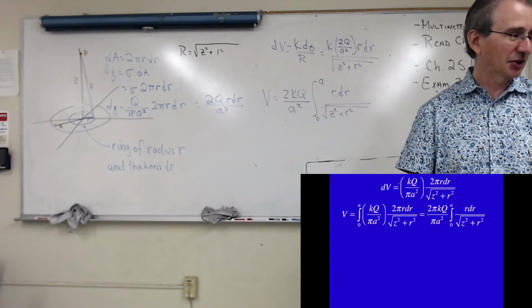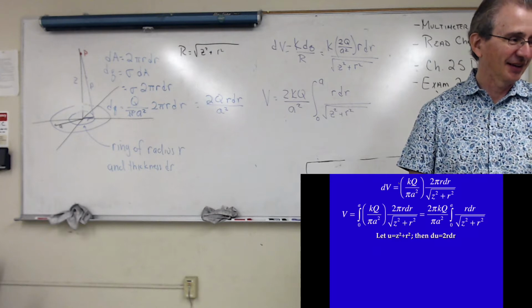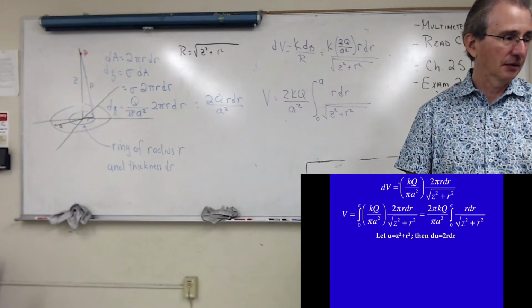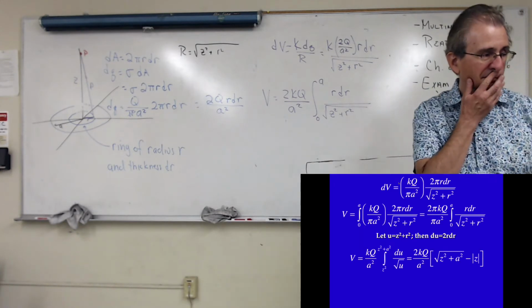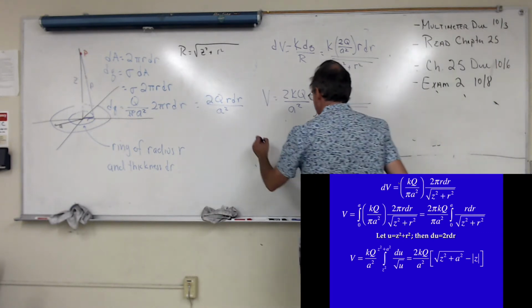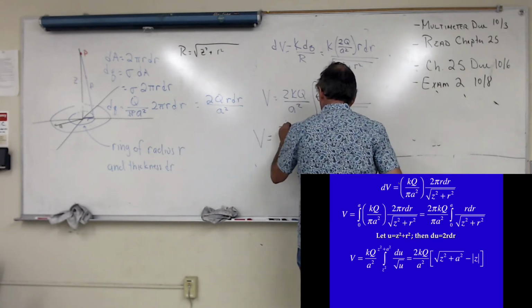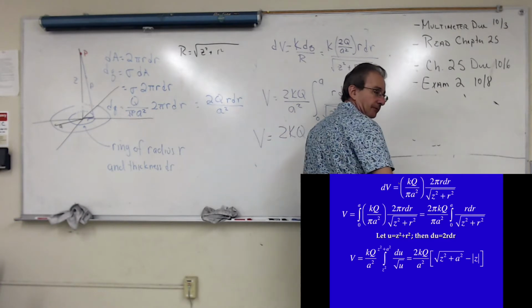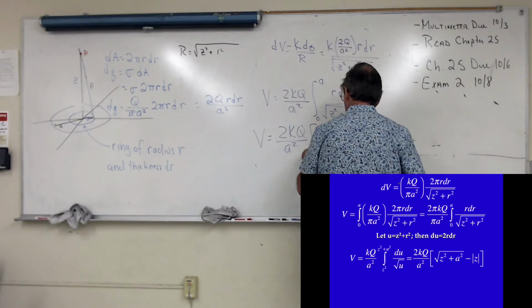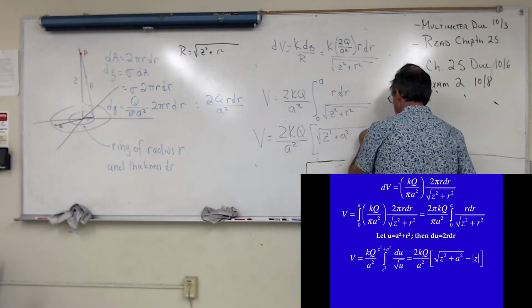I'm not going to spend my time here on integration techniques. You can do a u-substitution, and when you do u-sub and integrate, you get that V ends up being 2Q over A squared times the square root of z squared plus A squared minus the upper value of z.